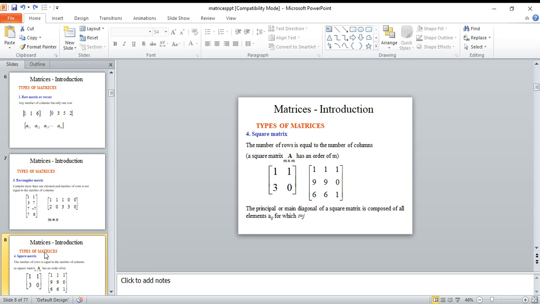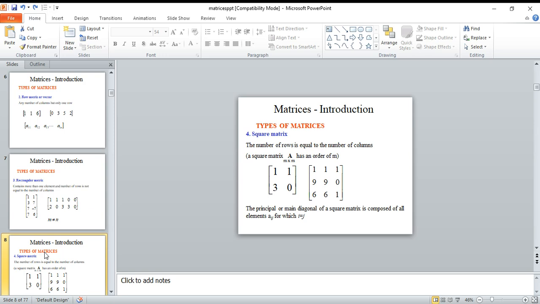First example: 1 1, 3 0. Here 1 1 is the first row, 3 0 is the second row, and 1 3 is the first column, 1 0 is the second. This matrix has two rows and two columns. That is a 2 by 2 matrix. The next matrix is 1 1 1 as the first row, 9 9 0 as the second row, 6 6 1 as the third row.